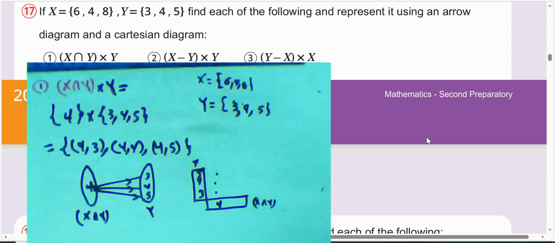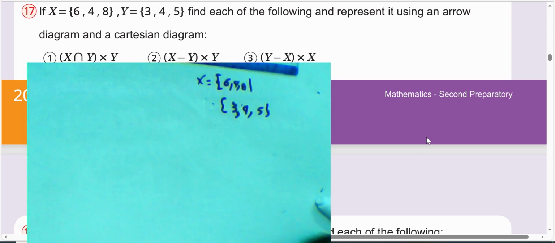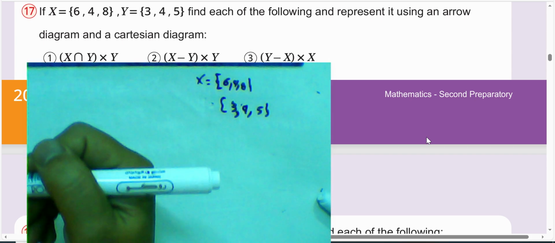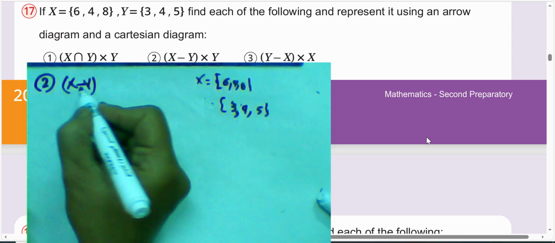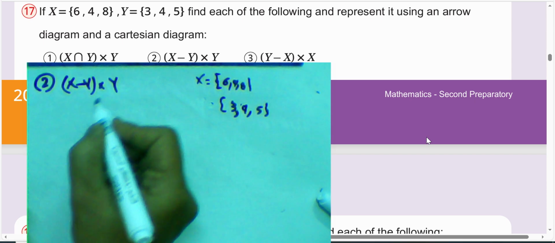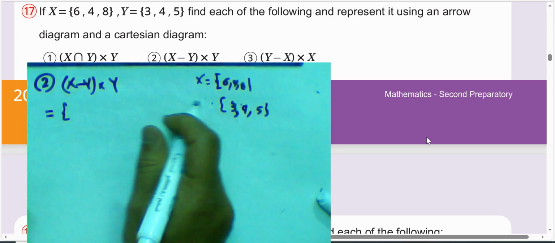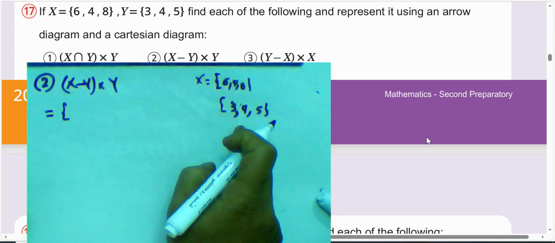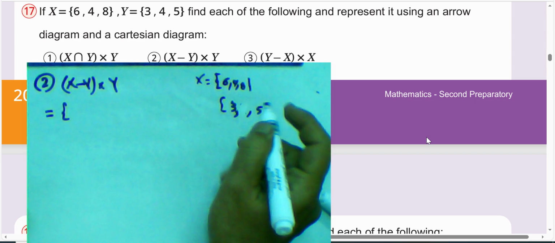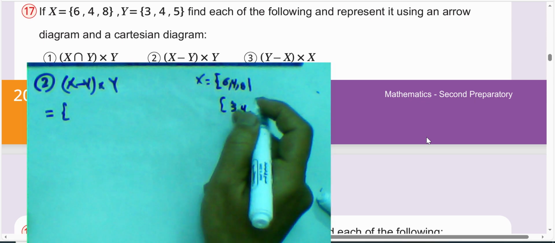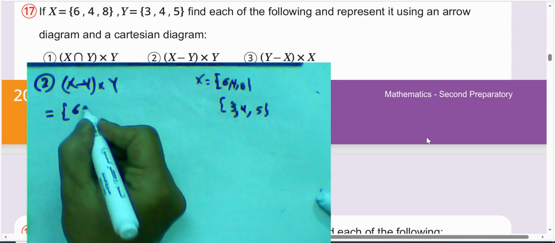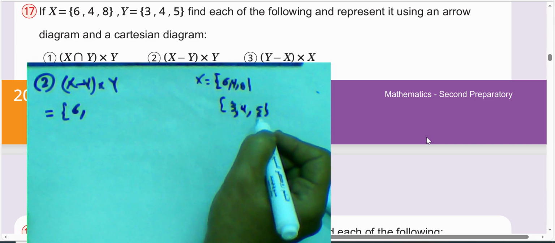Question number 1. Question number 2. We want to find x difference y, Cartesian product with y. What are the elements in x and not found in y? We have 6 and also 8.